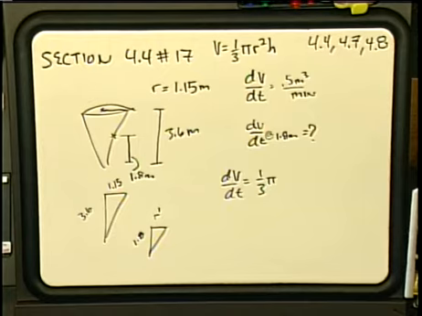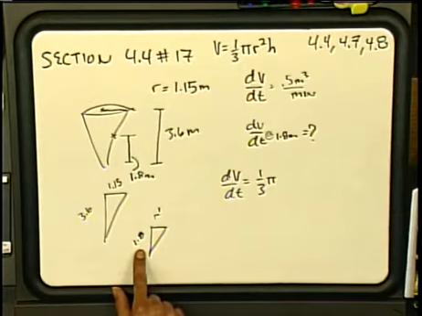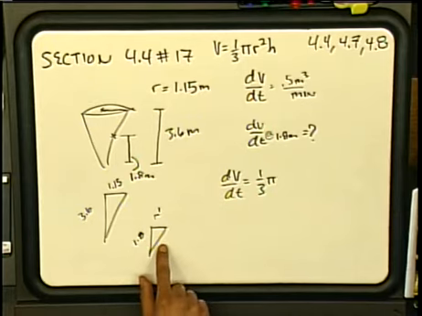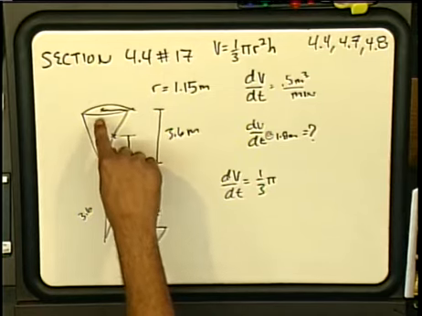You want to relate the small cone, where you're trying to find the rate of volume, to the big cone where you have the geometry.